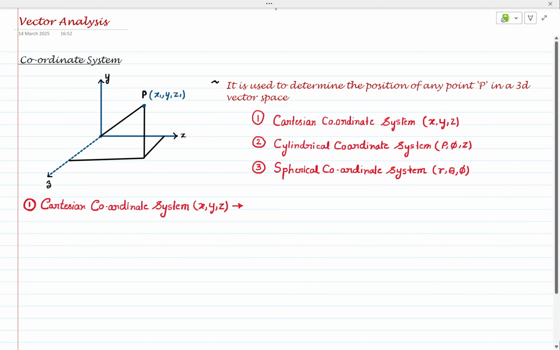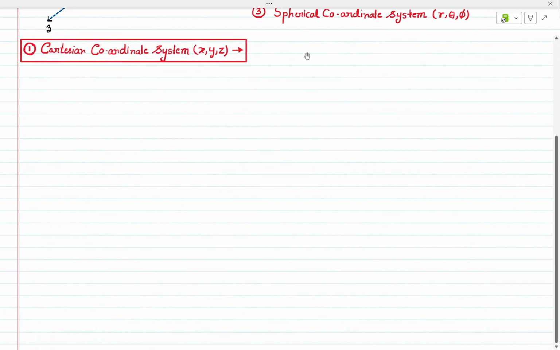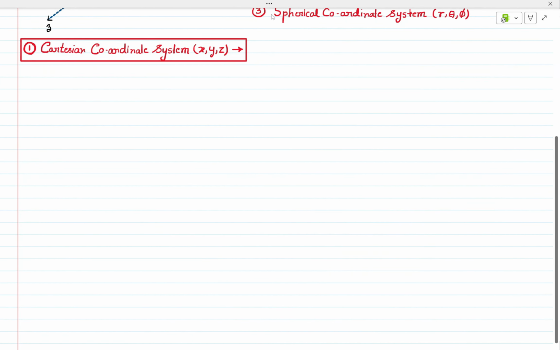Okay. So, let me bracket it because it is a heading. Okay. So, our current topic is the Cartesian coordinate system.